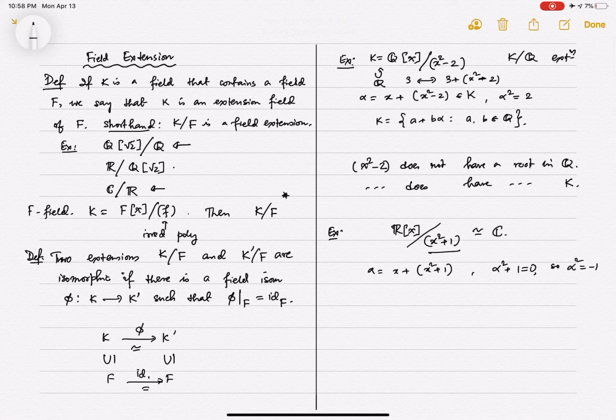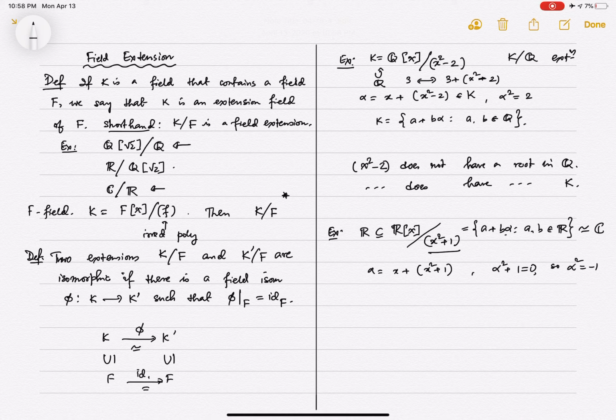So this extension field now contains the real numbers. And all elements of this field just look like a plus b alpha, a, b real numbers. And this is really C. This alpha is really what we call i abstractly. Usually this alpha is called i.